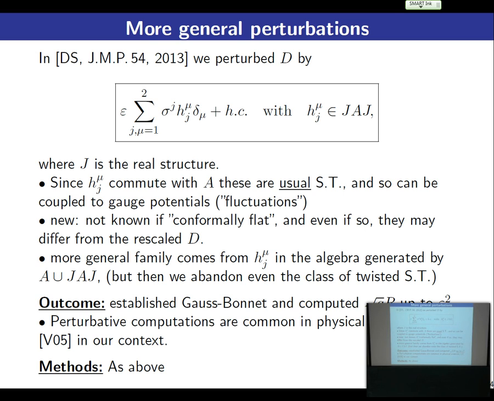Well, perturbative computations are more common than exact computations in physics, as you know, perhaps. And in this particular context, I just learned last week they were present already in this paper of Vasilievich from 2005, but not for the non-commutative setup, okay? So we thought this was new, to look perturbatively at this problem, but it is actually already known.